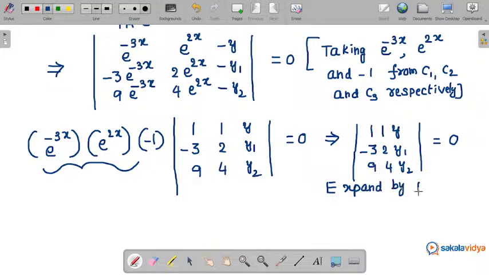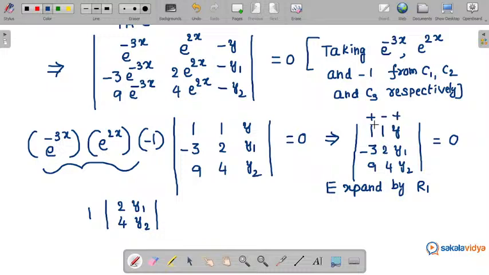Expand by row 1. First take the first element, deleting first row, first column, the determinant of this matrix, det of 2, y1, 4, y2.